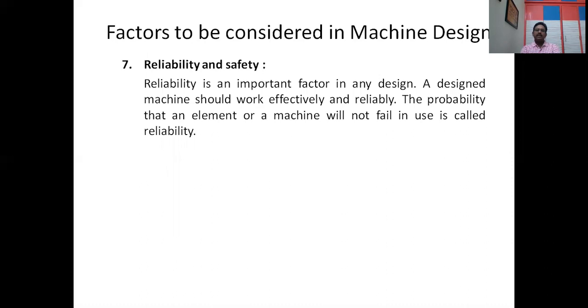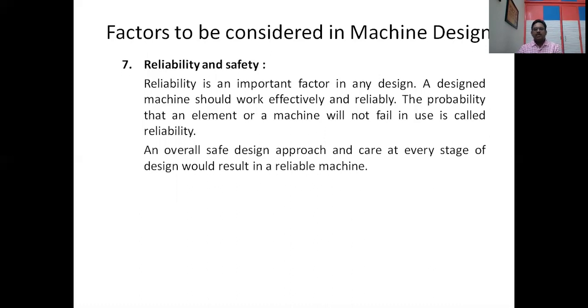When a product is made and it does not fail when it is in use, then we can say that it's a reliable product. So reliability is a very important factor, because machine failure happens because of the machine elements, so that should not happen. So we should think that the machine should work effectively and reliably.